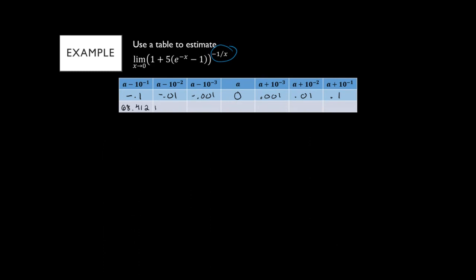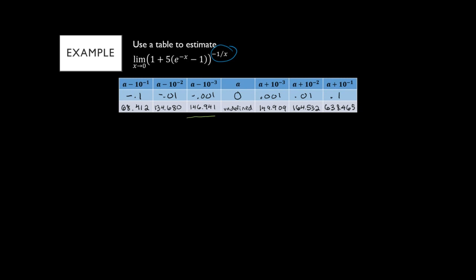This is 68.412, 134.680, 146.941, undefined, 149.909, 164.532, 638.465.